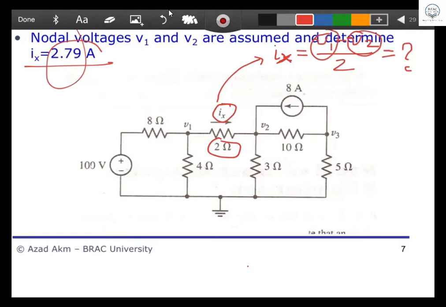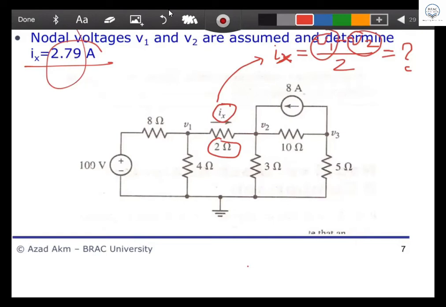How do you find V1 and V2? You have to find them using node analysis. The question says using node analysis, find the value of Ix, or prove Ix equals 2.79. So how many nodes are there in this problem?